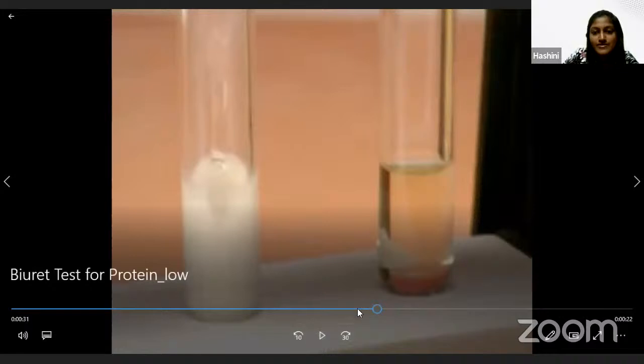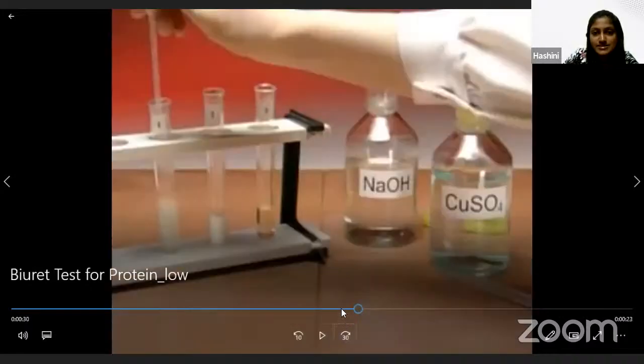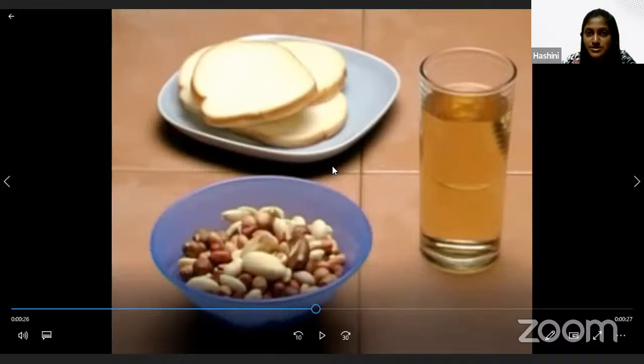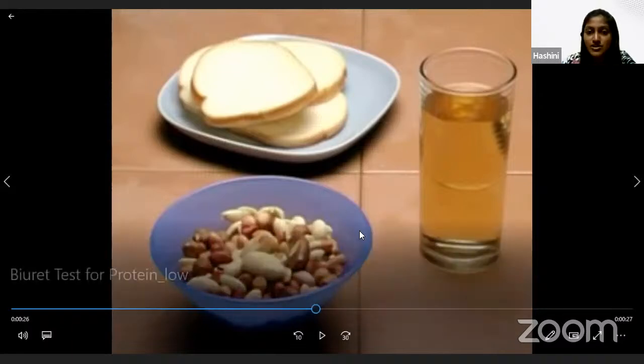Now here it has taken some non-protein foods, that means breads, kinds of seeds, oils, right? So will they give a positive result for the biuret test? That is what they are testing in this video: whether these other non-protein food items give a positive result to the biuret test.